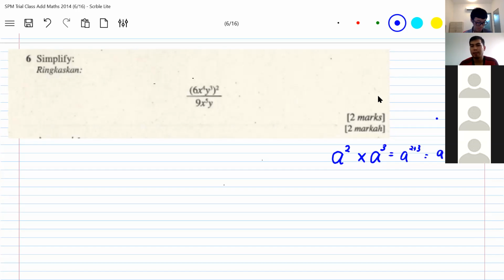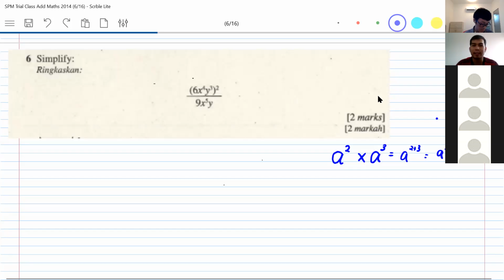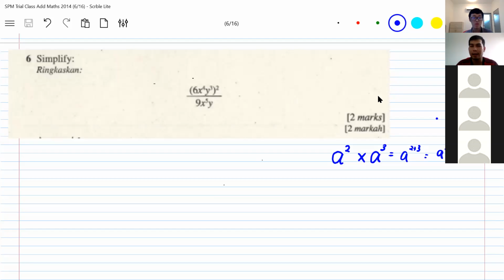So that's A power 5. Only note that this A is A. You see, in this case, like terms will be X and X. Y and Y will be a like term. 6 and 9 will be a like term. I like to see numbers as like terms as well. Okay, so see that A to the power of 2 times A to the power of 3 is actually just A to the power of 5. Alright?